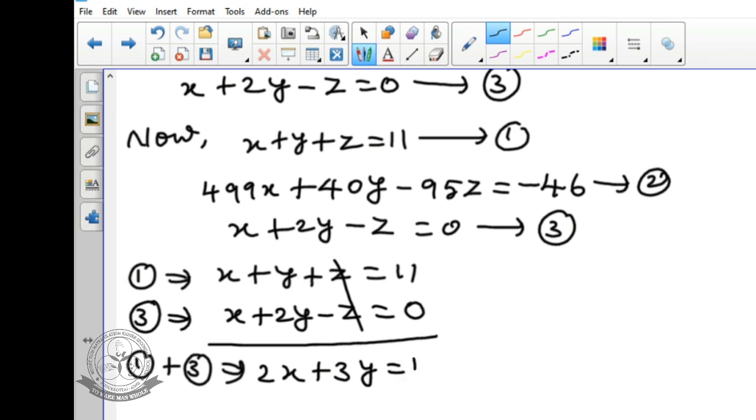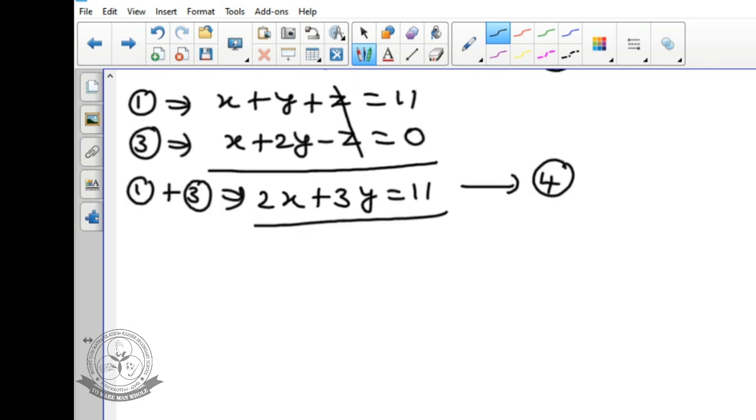plus 3y equals 11. This is our new equation, so you have to give it equation number 4. Next, we take another two equations. Equation 1 is x plus y plus z, and equation 2 is the one given with 499x.